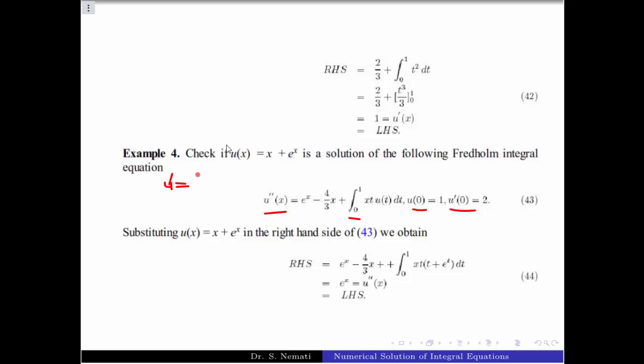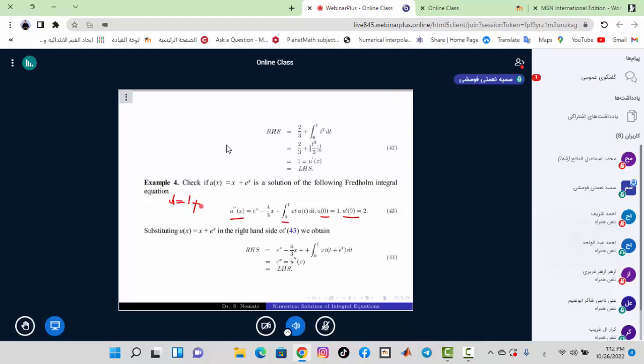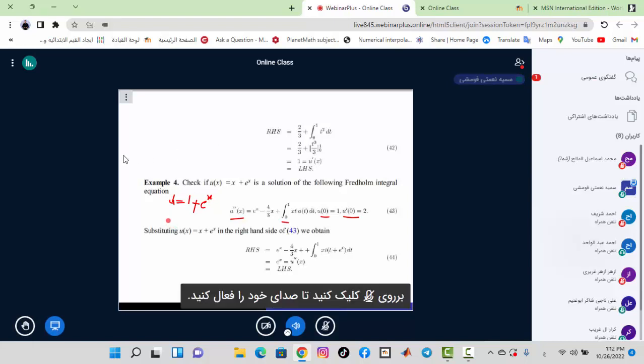One plus e to x. 1 plus e to the power x, exactly. And what is the second order derivative? E to the power x.